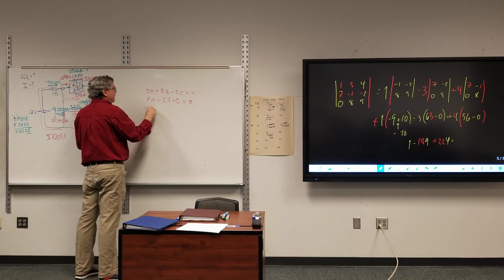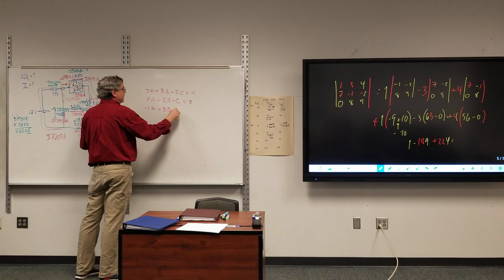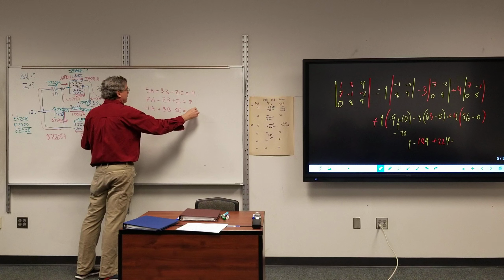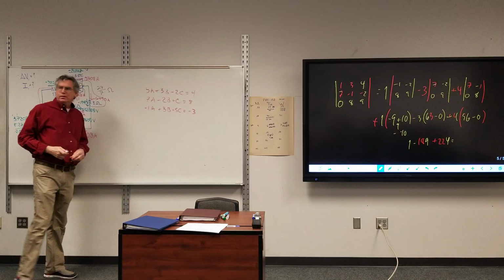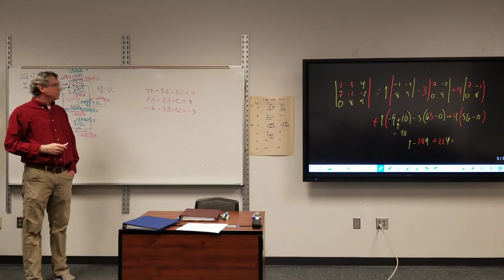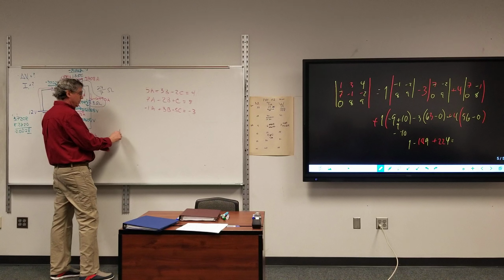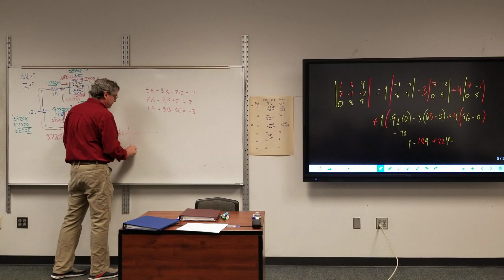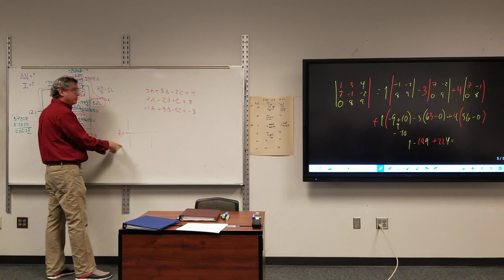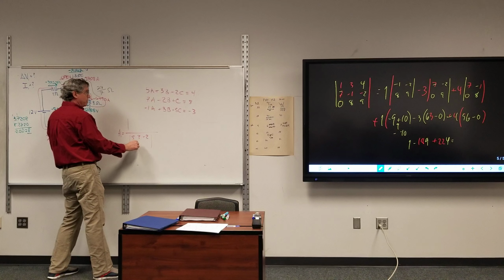And negative 1a plus 3b minus 5c equals negative 3. So long story short, you plug in the coefficients. A is equal to a fraction. The denominator is just these coefficients: 5, 3, negative 2, 7, negative 2, 1, negative 1, 3, negative 5.